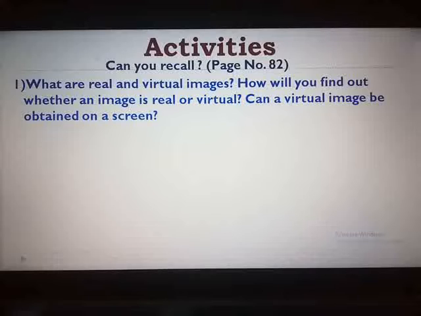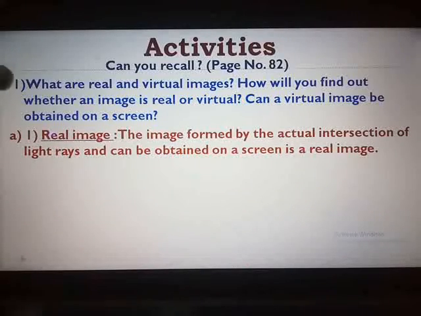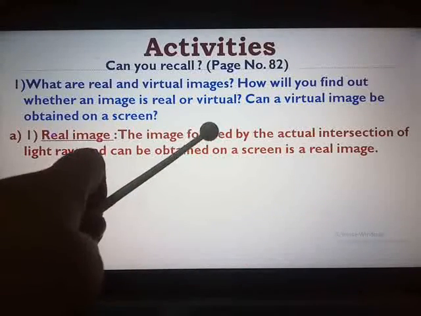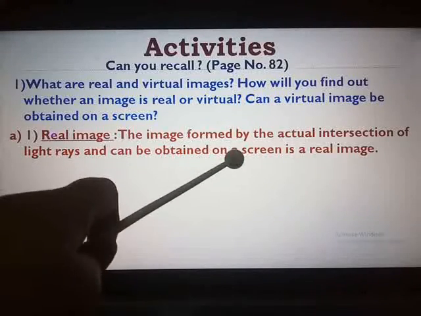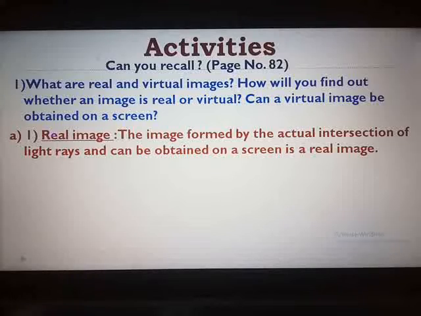What are real and virtual images? First, you have to write the definition for real and virtual image. Real image: the image formed by the actual intersection of light rays and which can be obtained on a screen is a real image. This definition I have taken from Google.